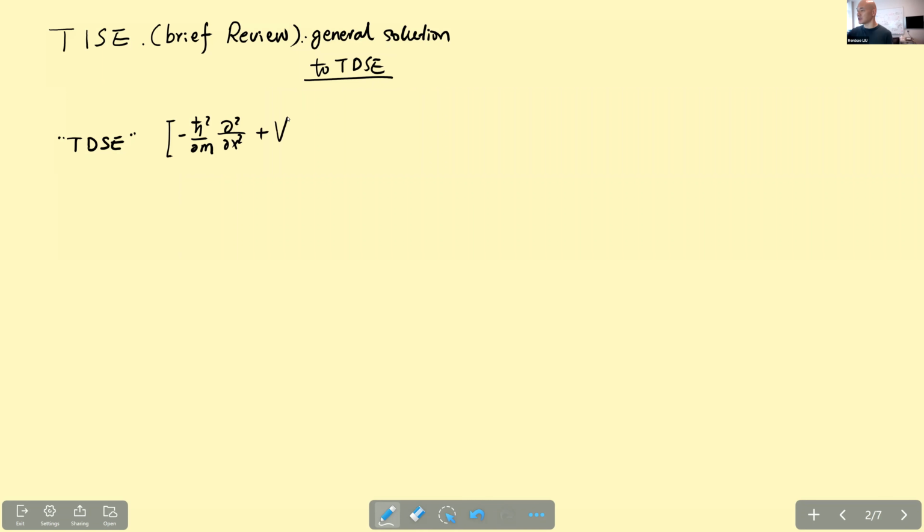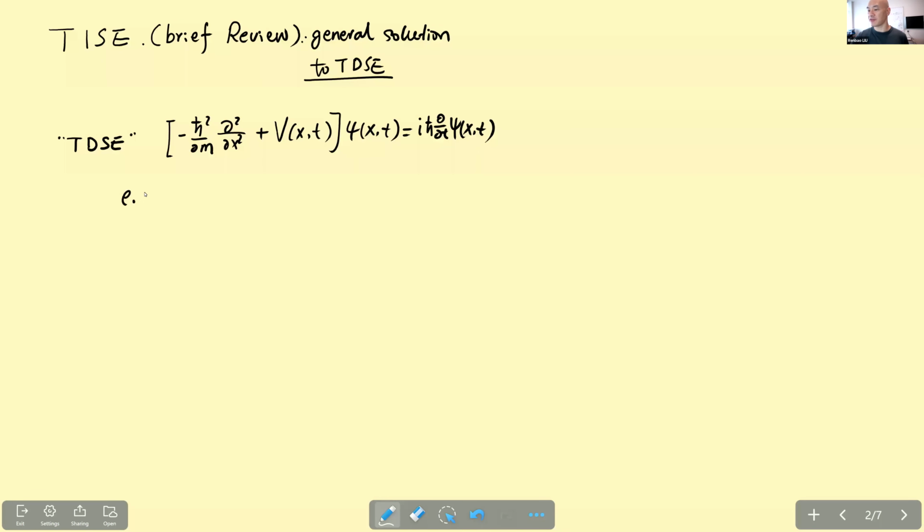And this potential in general could be time dependent. The wave function, of course, could also be time dependent. So this is a general case.